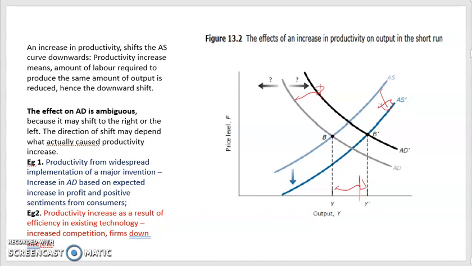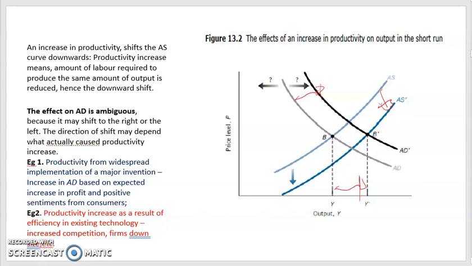While from the producer's side, the prospect of higher profits in the future, as well as the need to put the new technology in place, may also lead to a boom in investment. In this case, the demand for goods increases at a given price level, and aggregate demand curve shifts to the right.